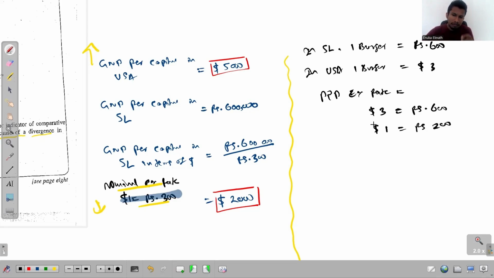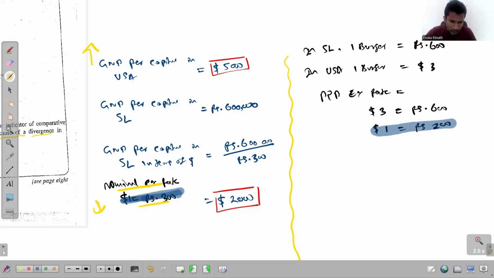So this is the purchasing power parity exchange rate. When you make the products equal, this is the amount that you spend in USA and this is the amount you spend in Sri Lanka to purchase those goods. And that we recognize as the purchasing power parity exchange rate. So let me highlight that. So this is the purchasing power parity exchange rate.